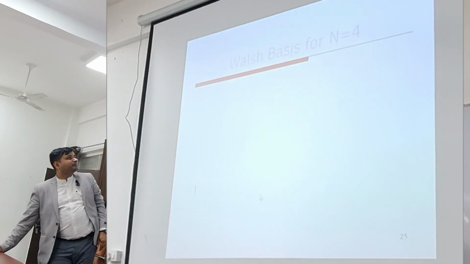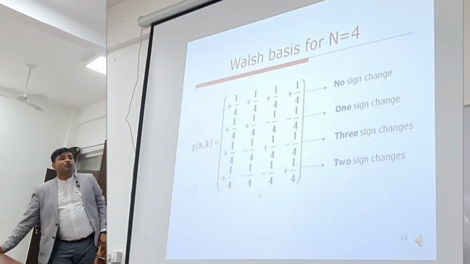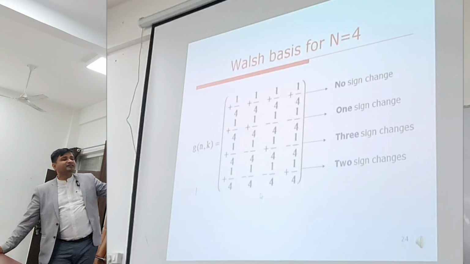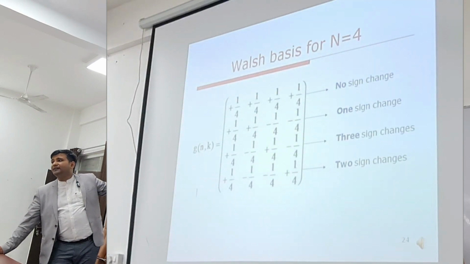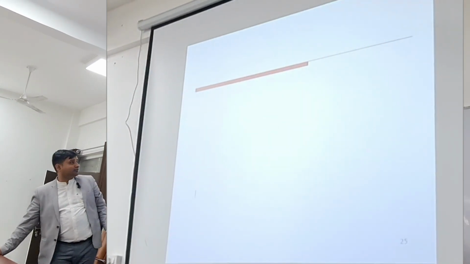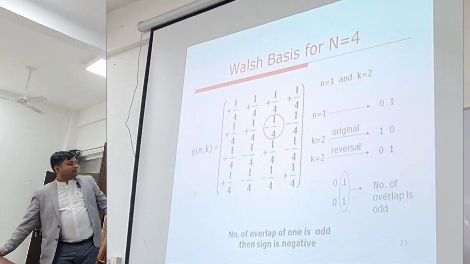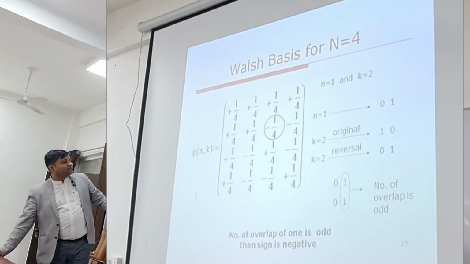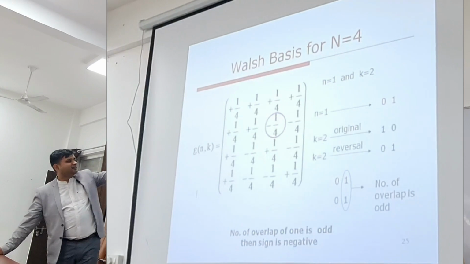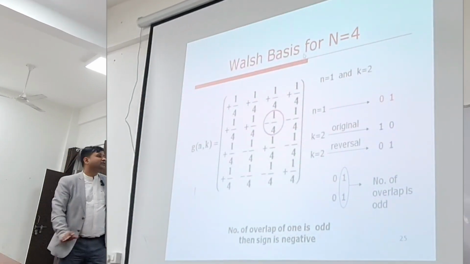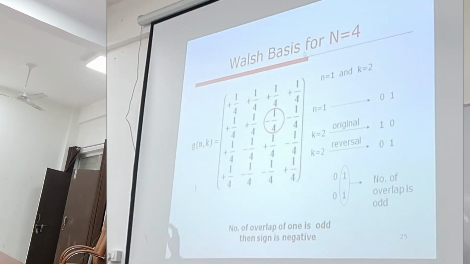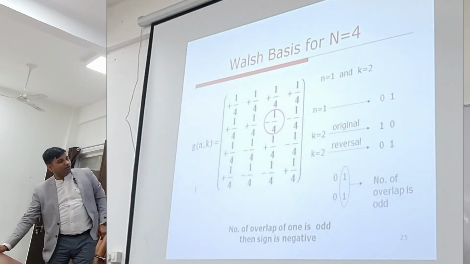This is the basis function of the Walsh transform. This is a standard basis function to signify the basic operations of the Walsh transform. And if the number of overlaps of 1 is odd, then the sign is negative. This is the basic representation of how to change the basis and represent the overall operations.